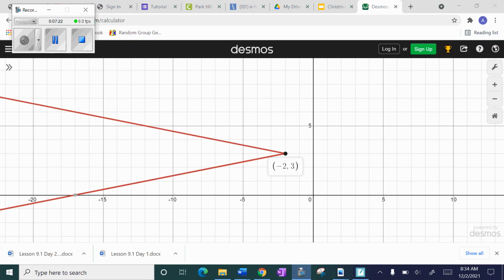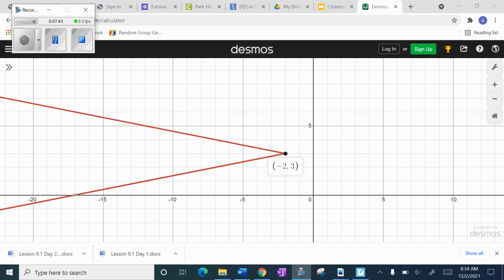Okay, so let's talk about when we flip the x and y. Notice instead of going down, now we're pointing to the left. So it's sideways from the original one. Notice our vertex, instead of being (3, -2), is (-2, 3). So that's flipped.